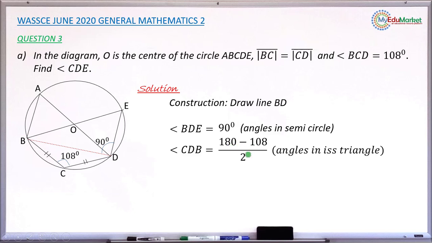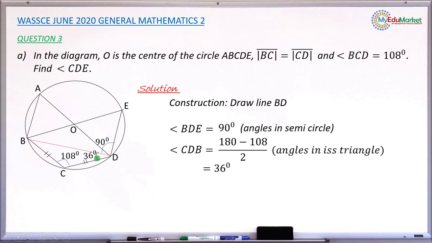If you divide the result by 2, it gives you the size of one base angle, angle CDB. Subtracting 108 from 180 and dividing the result by 2 correctly gives 36. So this angle is now 36.